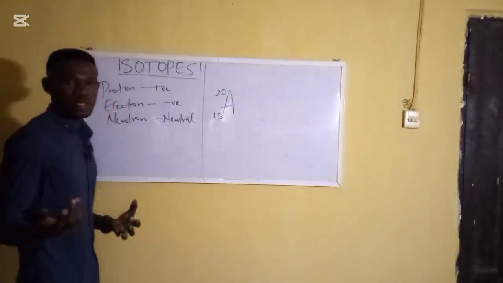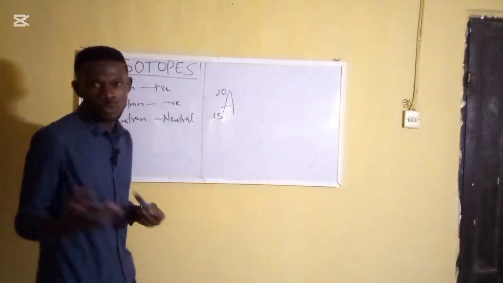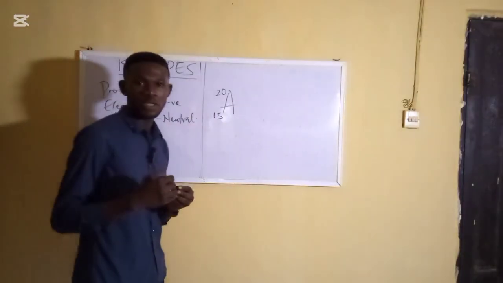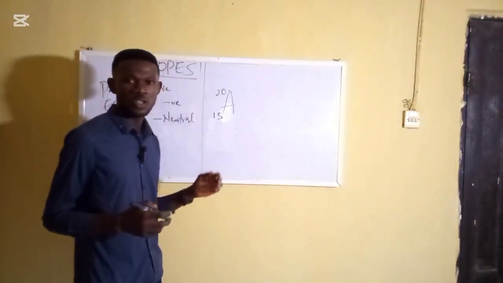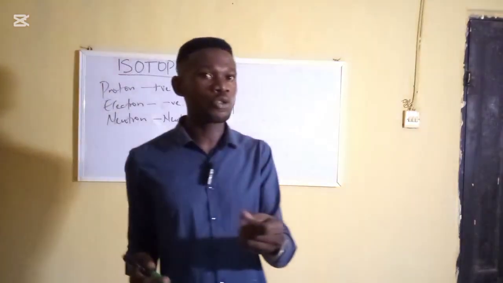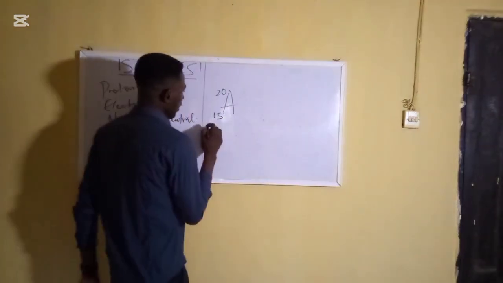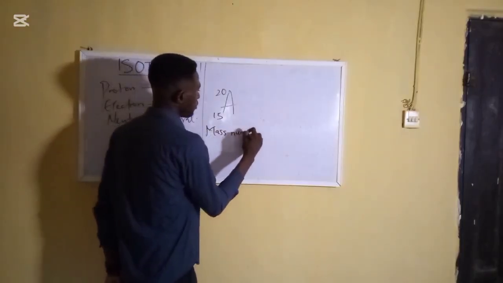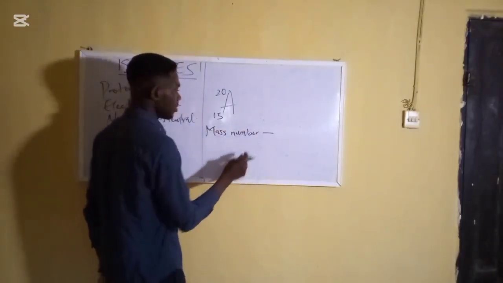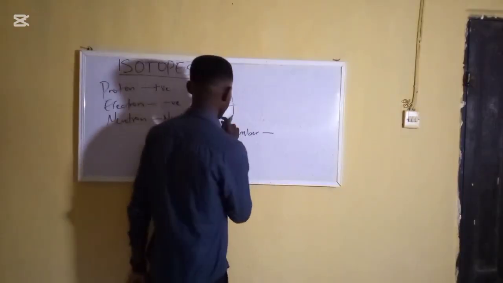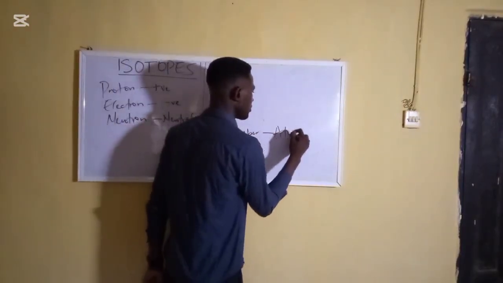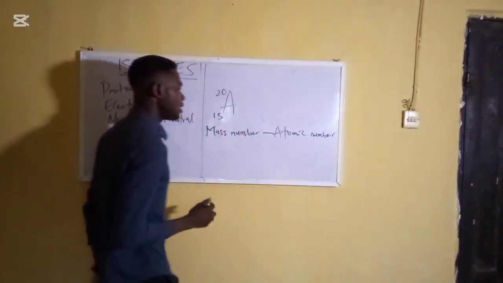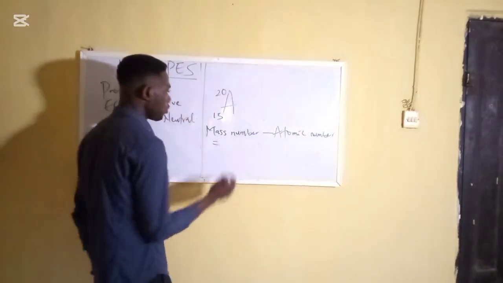Now, let's talk about some little calculations as regards this. If you have a mass number given and an atomic number given, you can use them to identify the number of neutrons. When you subtract your atomic number from your mass number, what you have is your neutron number.